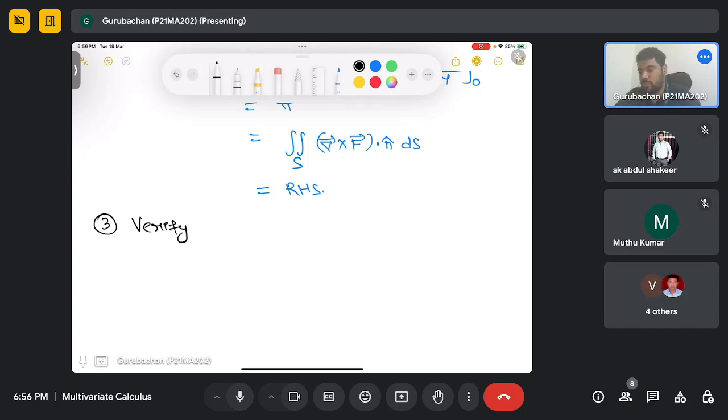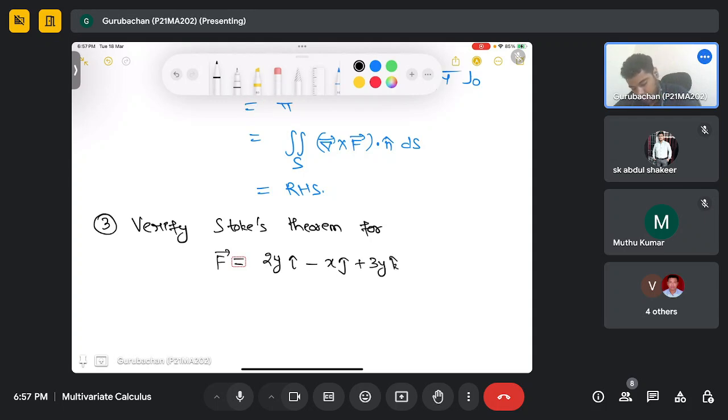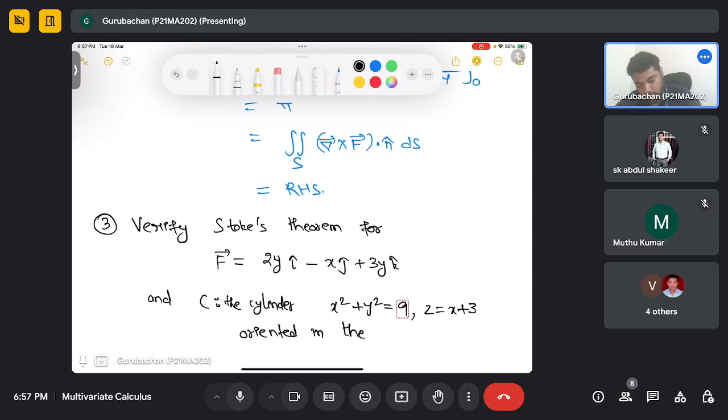Verify Stokes theorem for the given vector field F as 2y i cap minus x j cap plus 3y k cap, and C is the cylinder x square plus y square equal to 9, z equal to x plus 3, oriented in the counterclockwise direction.